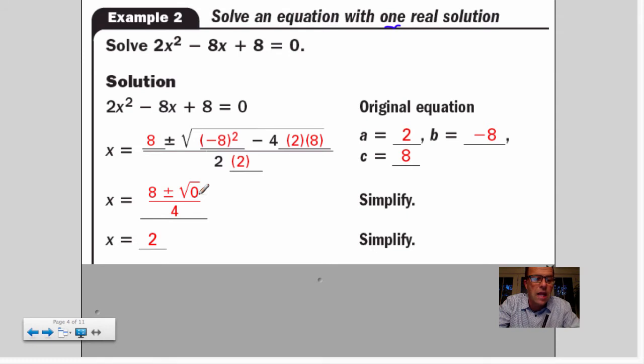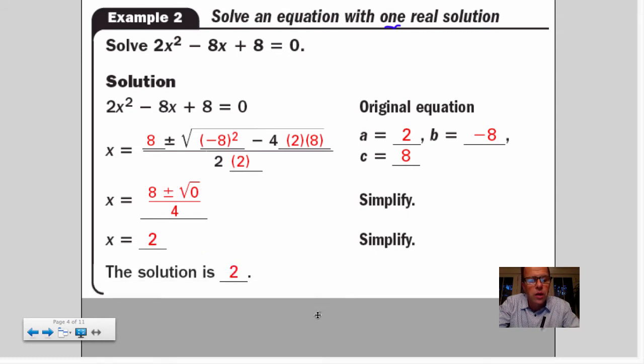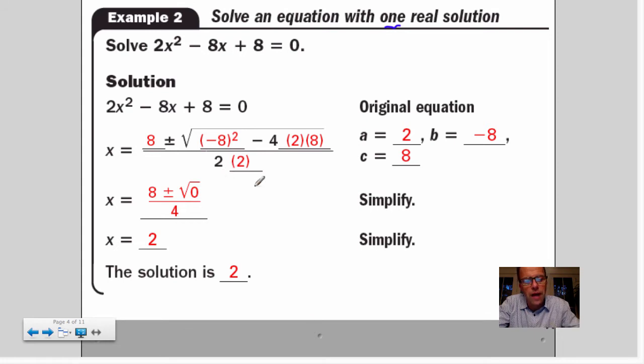And that's still 8. So you only get one answer. It's called the double root. If you had factored this equation, you would have gotten x minus 2, x minus 2. So you still have two answers, but the two answers are the same. So we call this a solution with one real solution.